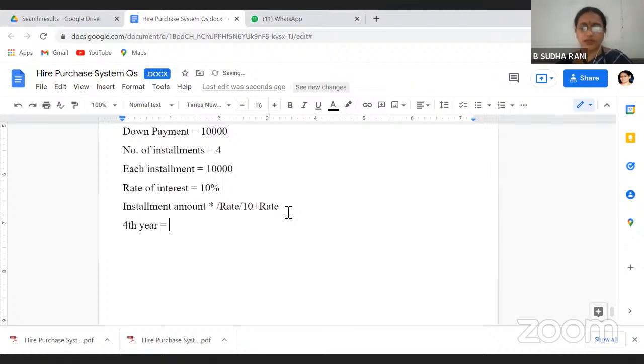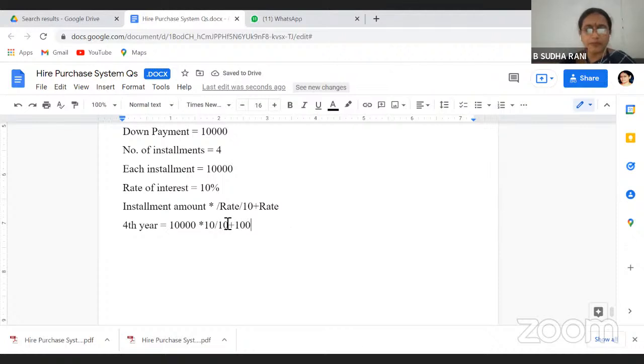Fourth year, what is the installment amount? Every year 10,000. What is the rate of interest? 10%, divided by 100 plus 10.